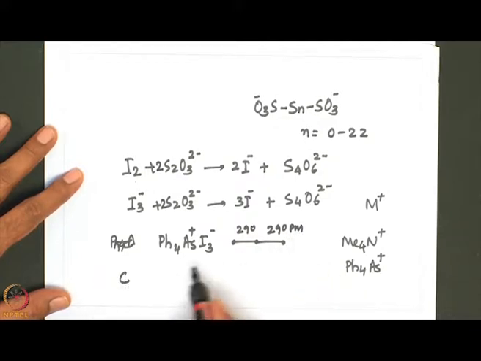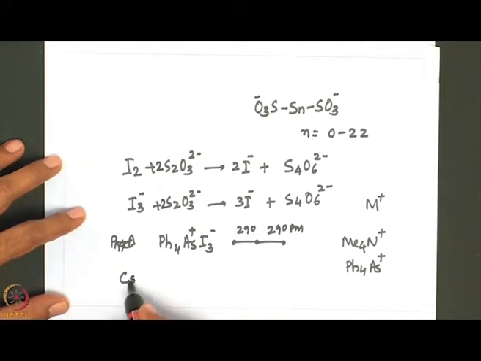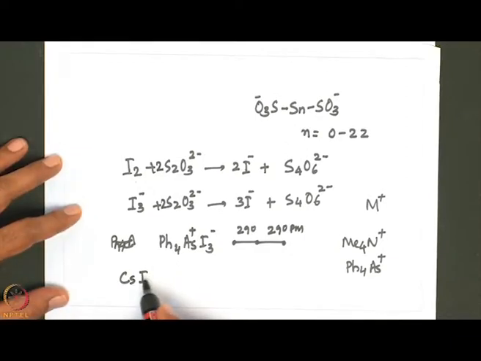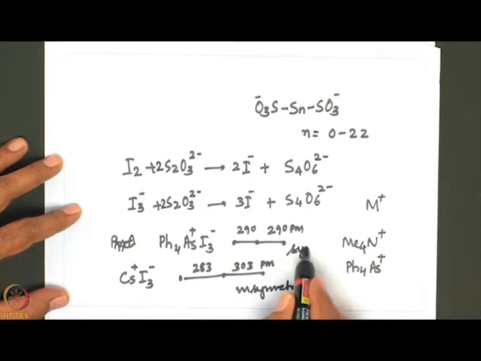If you look into I3 containing a smaller cesium cation, it is distorted. So, in this case, this is 283, whereas this one is 303 picometer. So, this is unsymmetrical and this is symmetrical.